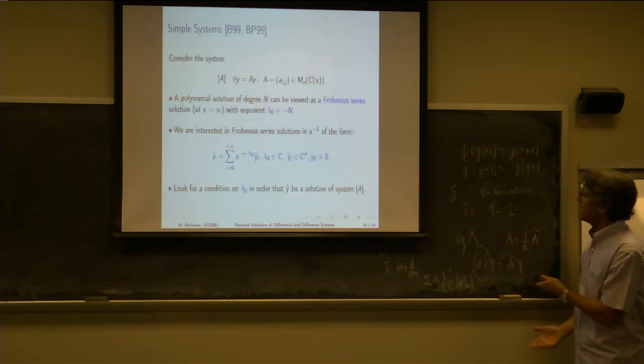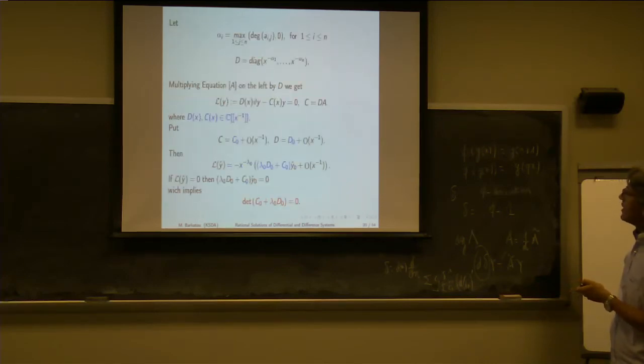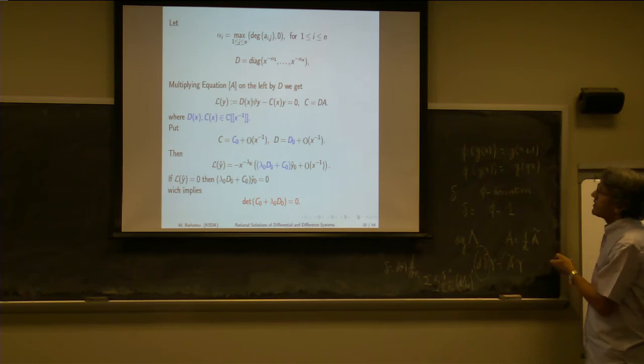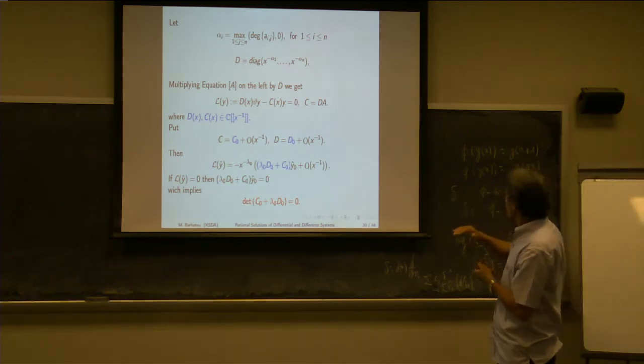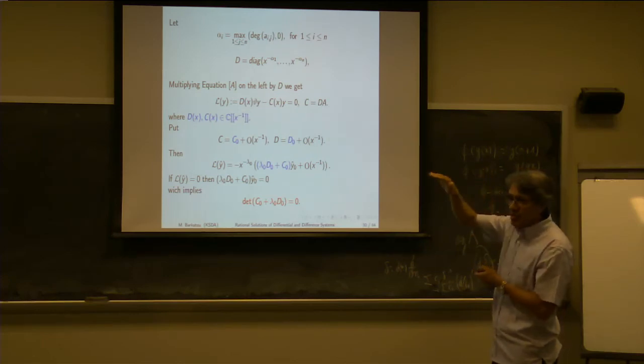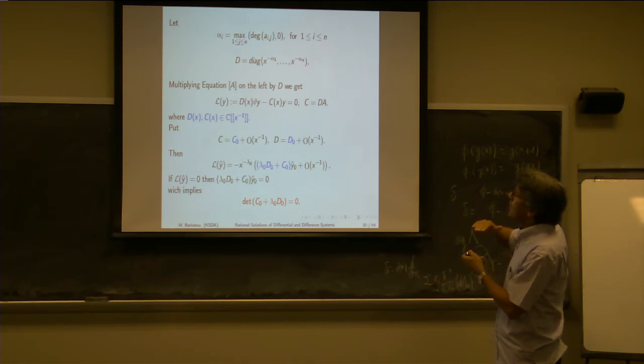You don't have this in the case of a system. So the idea is, this is a bit technical, but it's not difficult to understand. I look at each equation. The system has n equations.